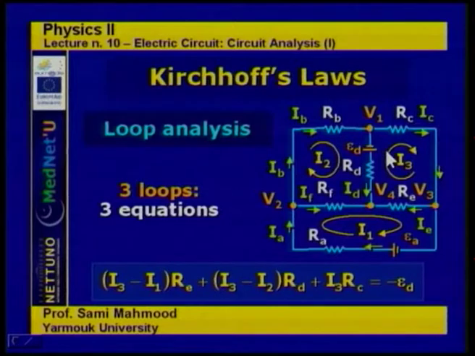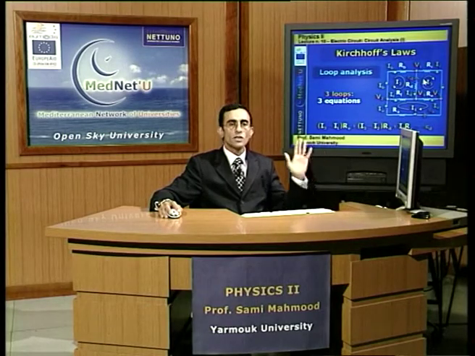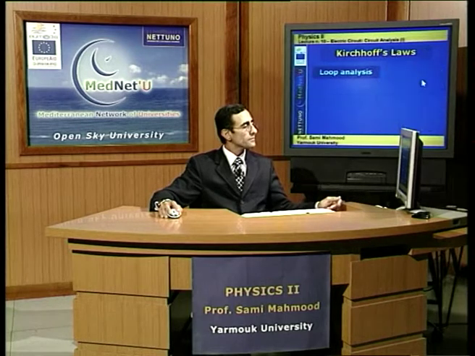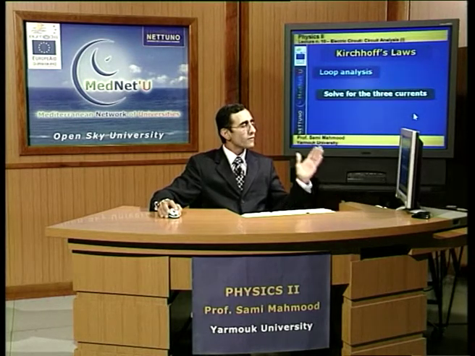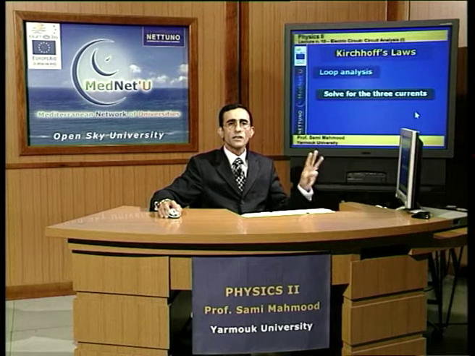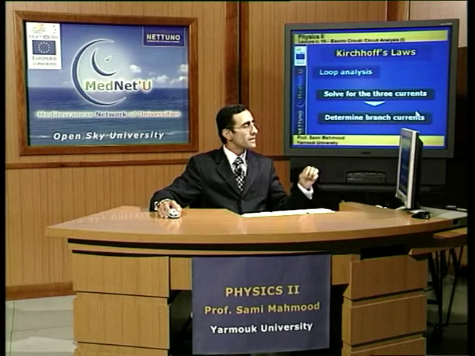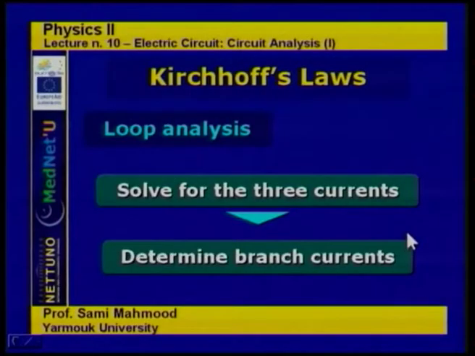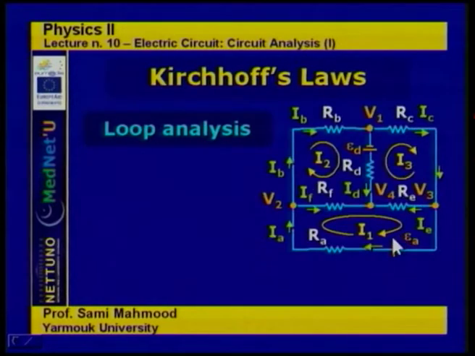So we have three equations, and we have three unknowns, which are I1, I2, I3. We solve the three equations, and we find the three loop currents. And we can determine the branch currents from the relation between the branch currents and the loop currents. So these relations are as follows.